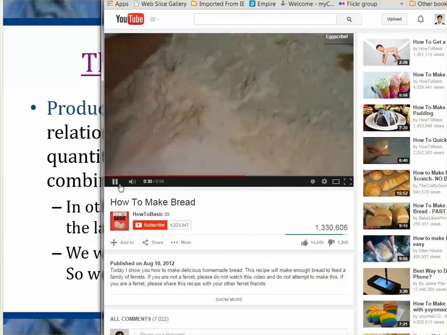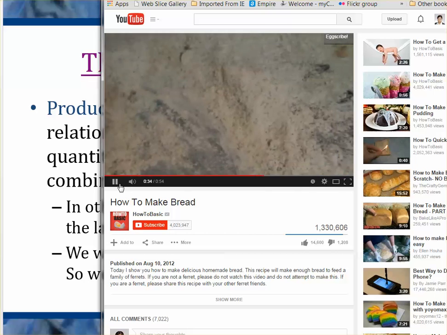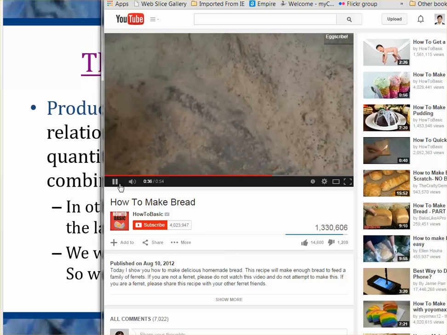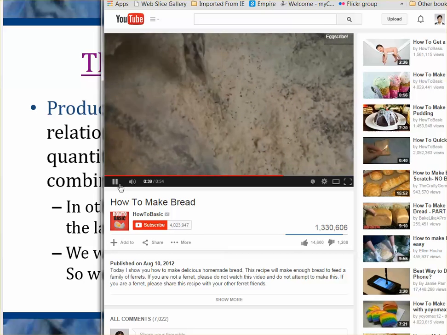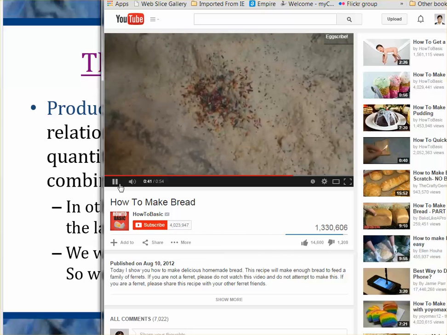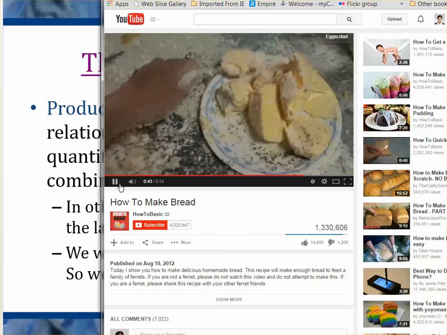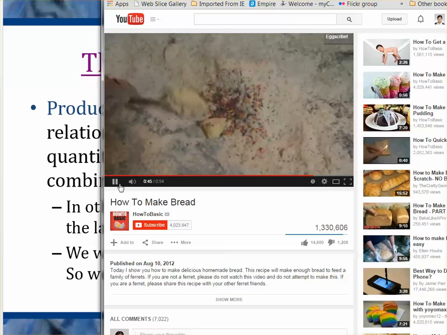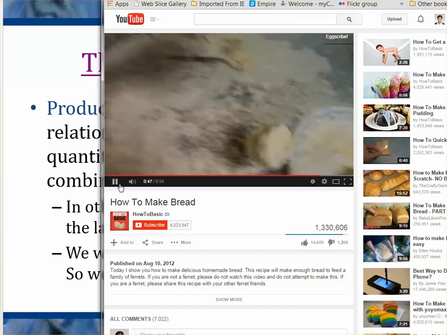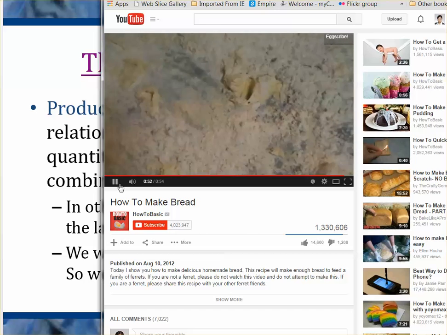Salt. I don't know what the black one is. Yeah, some sugar candies, some butter, a lot of butter actually. And then you mix them together.